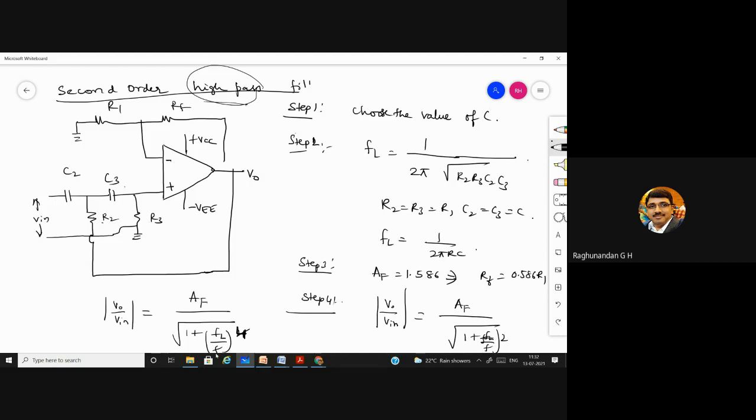And I have one more question here. What is the difference between V0 by V in and AF? See, both are gains only. As I asked at the beginning, it was told this is the gain which is obtained by feedback. Then what about this gain? Both are gains, right? But this is for what and this is for what? Or in another way, from where you get this and from where you get this.